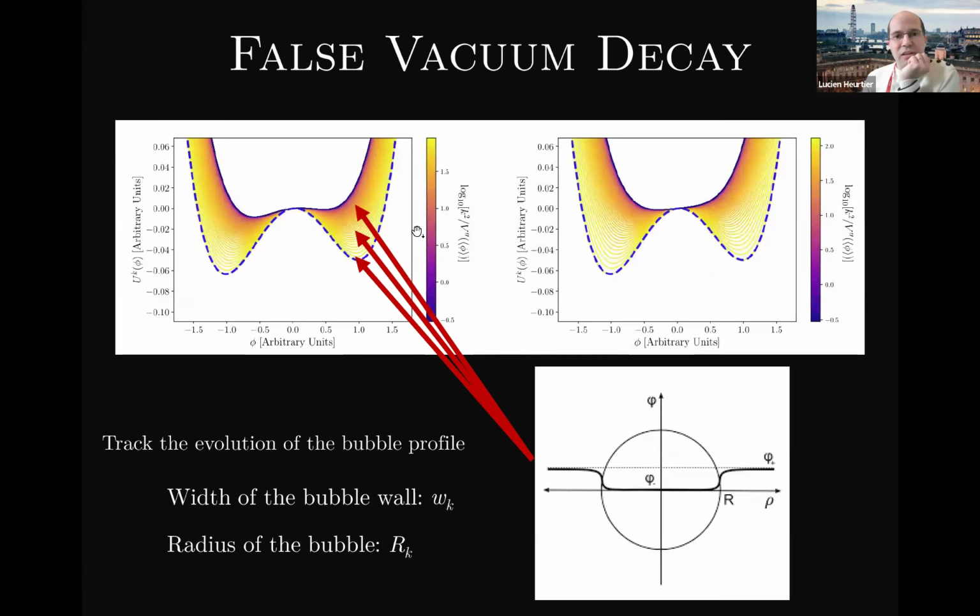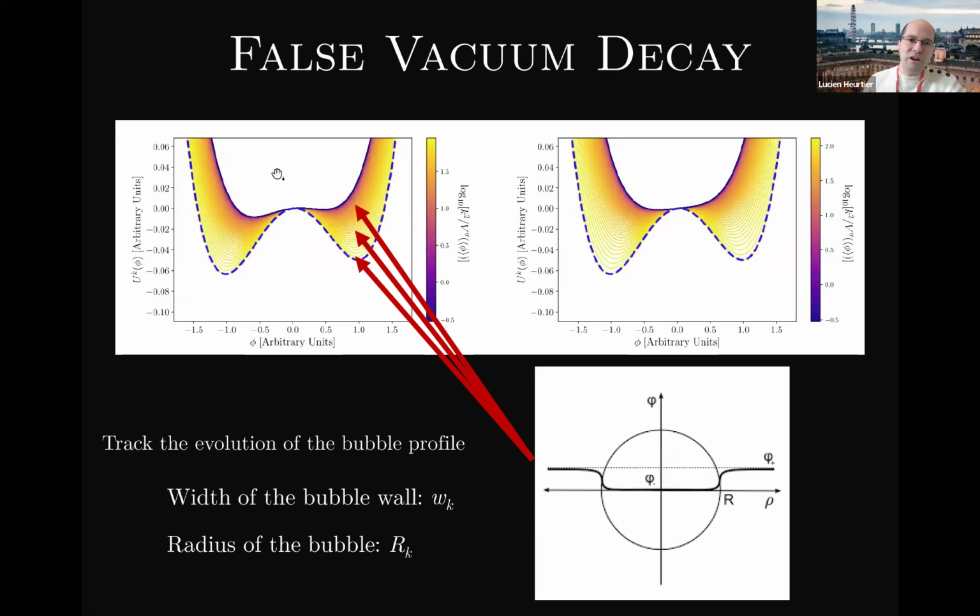So we started with a classical potential, which is the blue dashed line here, and we tried to see how it evolved using our flow equation. And what we noticed is that using the equation I showed earlier, depending on what scale you start, your potential has more or less time to run towards a fully convex potential.